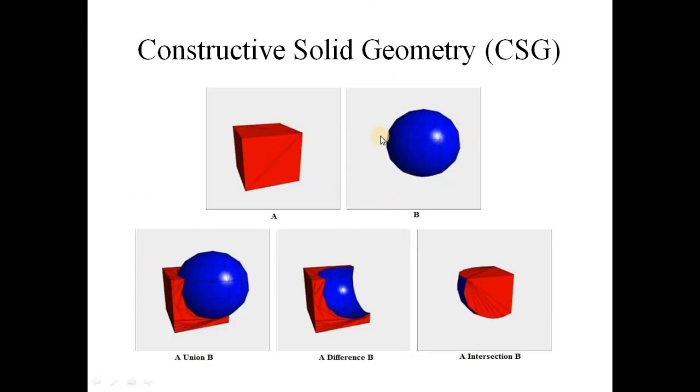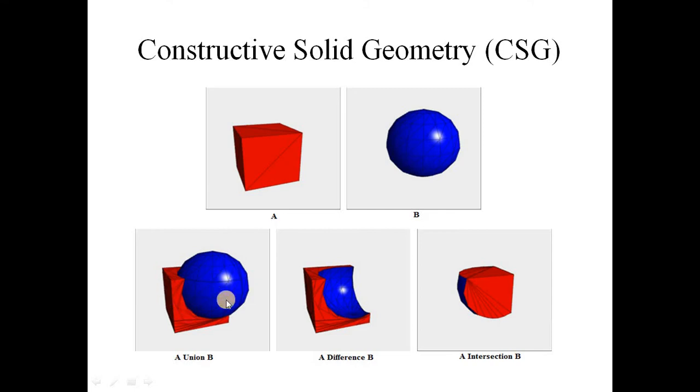Now here there are two primitives. One is a block and the other one is a sphere. The block is called A and the sphere is called B. If you use the Boolean operation A union B, that means these two are combined together.